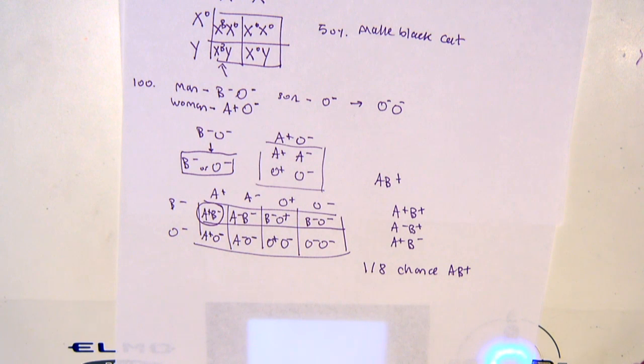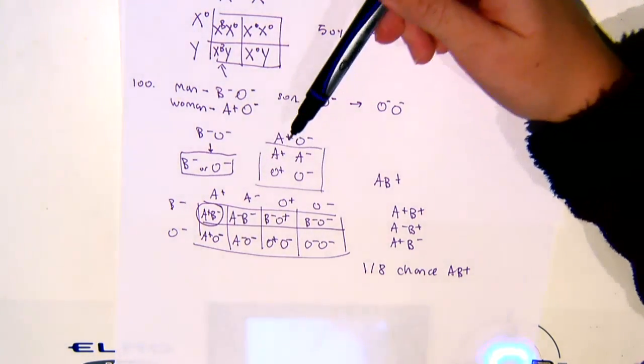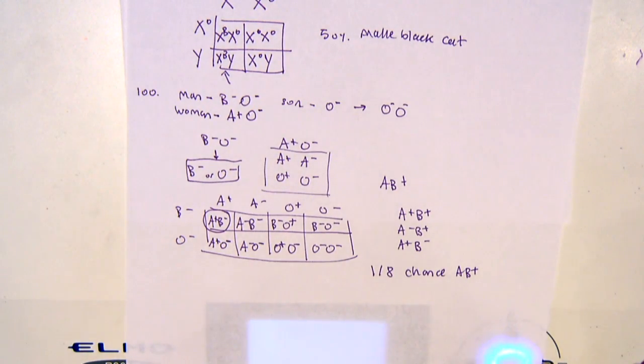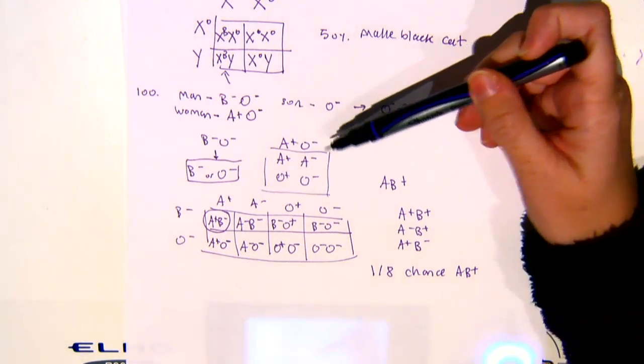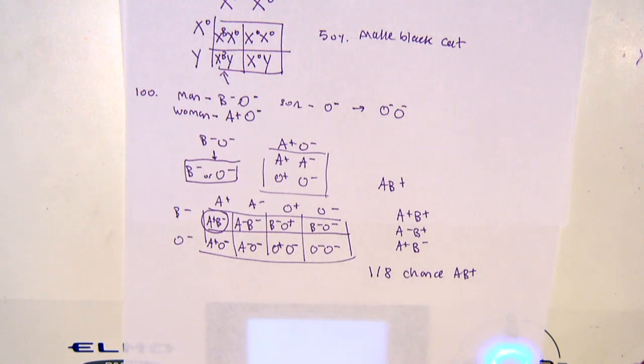She could make those four possible combinations in her gametes. She could pass on an A and a positive Rh factor, she could pass on an A and a negative Rh factor in her egg, and she could also pass on an O and a positive or an O and a minus. It's kind of difficult to see that she's heterozygous for both because we're using all these weird symbols. It's not as easy to see as a big A and a little a and a big B and a little b. But think of the fact that she is heterozygous for both, so she's going to make four different combinations.